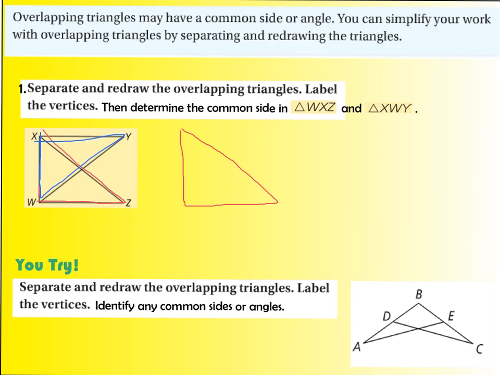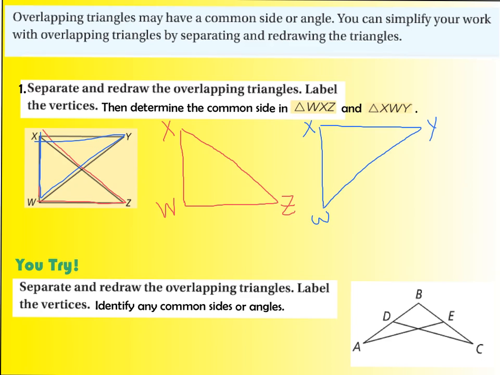So this is going to be WXZ, and separating from the overlapping ones, I have XWY. And labeling this one, down here this is W, this is X, and this is Y. Okay.